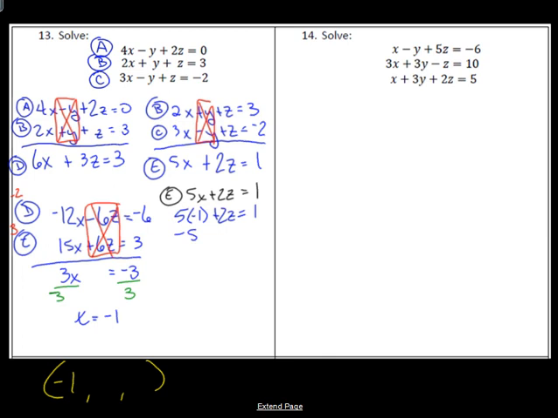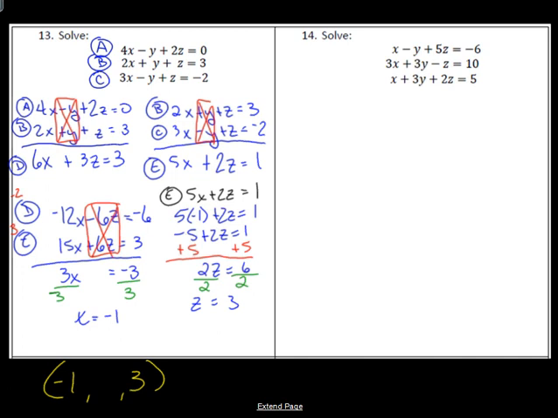So negative 5 plus 2z is equal to 1. I'm going to add 5 to both sides. 2z is equal to 6. I divide both sides by 2. Z is equal to 3.